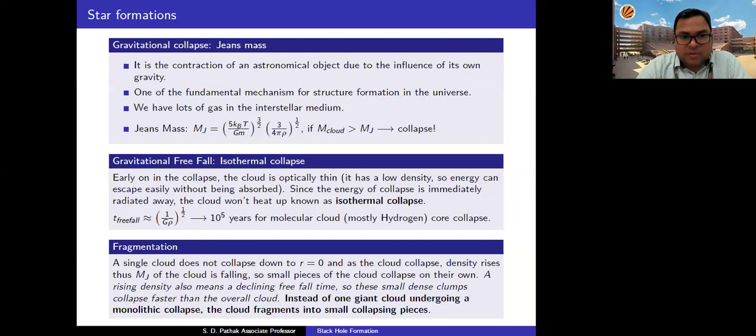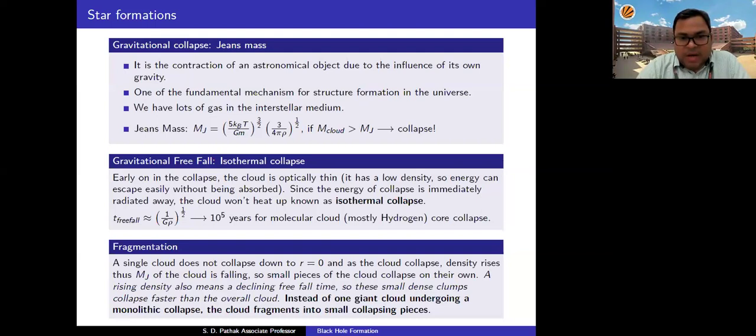This mass is represented by M_J, and it is a function of temperature. On the right-hand side you can see 5 times the Boltzmann constant, here T is the temperature, the rest of the terms are well-known, and rho is the density. So when the mass of the cloud or interstellar medium increases to this particular mass, called the Jeans mass, the collapse will start.